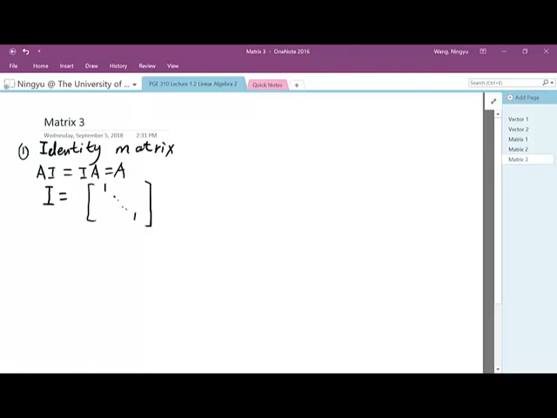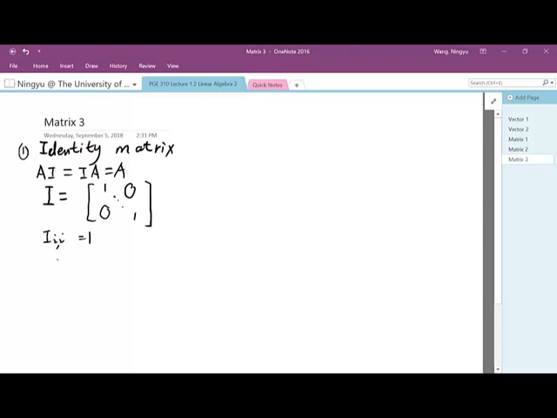So identity matrix means all the elements on the major diagonal are 1, and all the other elements are 0. The major diagonal, so first it should be a square matrix. And in a square matrix, the major diagonal means where the row number and column number are the same.